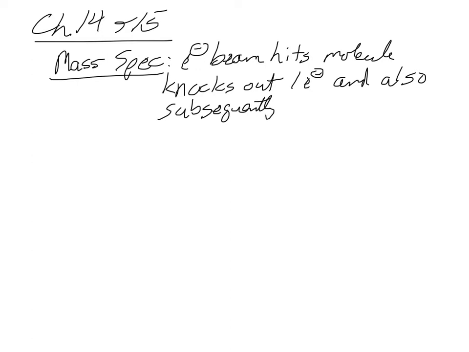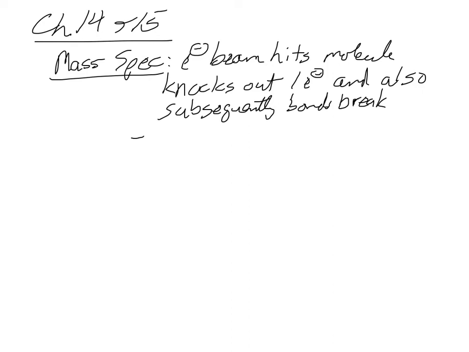Subsequently bonds break. Basically, this is a destructive thing. You hit a molecule with an electron beam, you knock out one electron, the molecule starts falling apart. It all starts breaking down.